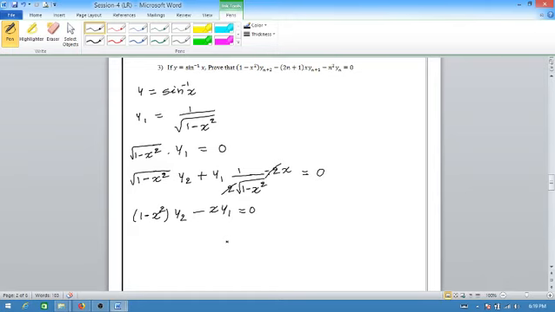Now apply the nth derivative. So the first term, 1 minus x square as it is, nth derivative of y2 is yn plus 2 plus nc1 is n, differentiation of 1 minus x square is minus 2x, n minus 1 the derivative is yn plus 1 plus nc2 is n into n minus 1 divided by 2 factorial is 2, differentiation of minus 2x is minus 2, n minus 2 derivative is yn, correct?